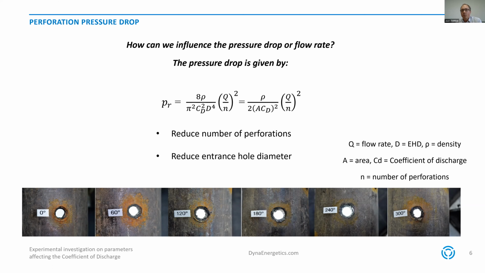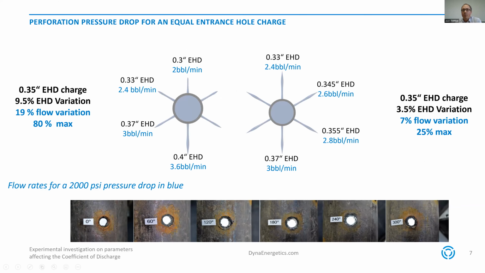The importance of the entrance hole diameter can nicely be illustrated on the example of equal entrance hole charges, as they are quite popular at the moment. And I have two examples here to illustrate that. On the left side is a generic example for a normal charge with an entrance hole diameter of 0.35 inches and an entrance hole variation of approximately 10%.